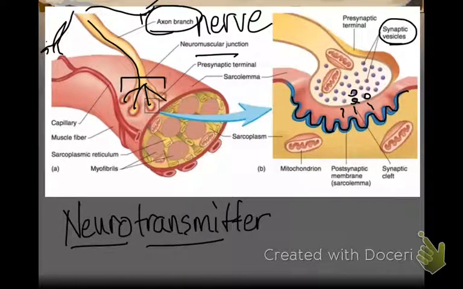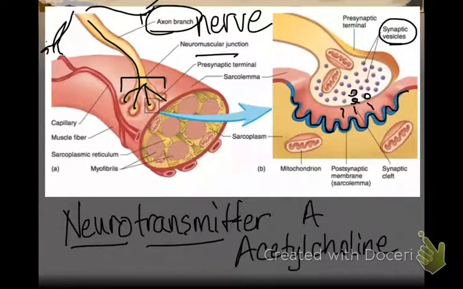The name of the neurotransmitter that we're going to be talking about is acetylcholine. One of the very, very, very important neurotransmitters. And we abbreviate it ACH. So acetylcholine is the chemical that tells nerve cells you're gonna contract.